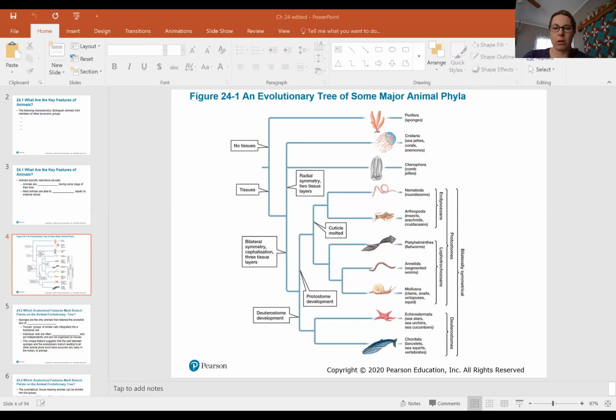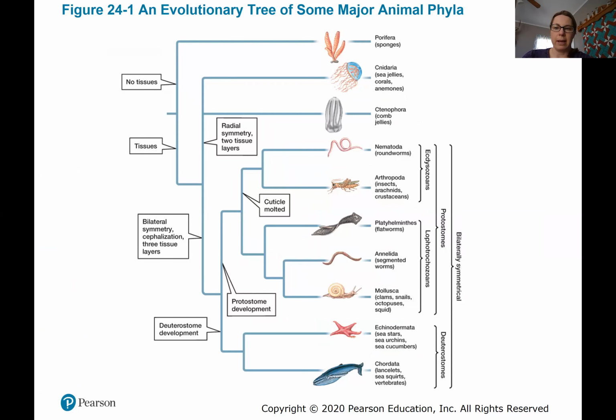Okay. So this is a slide we showed last time before spring break. And it looks at some of the different characteristics of animals that we had talked about. So make sure you definitely look over that and review some of those terms we have talked about before.